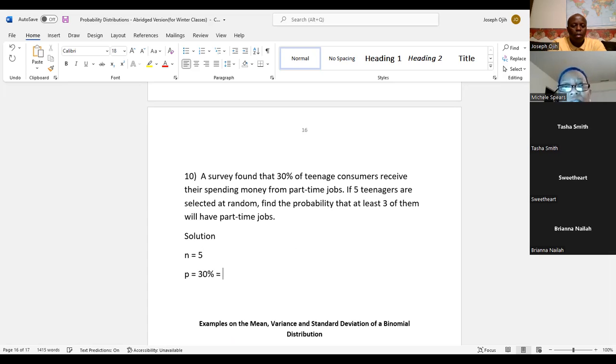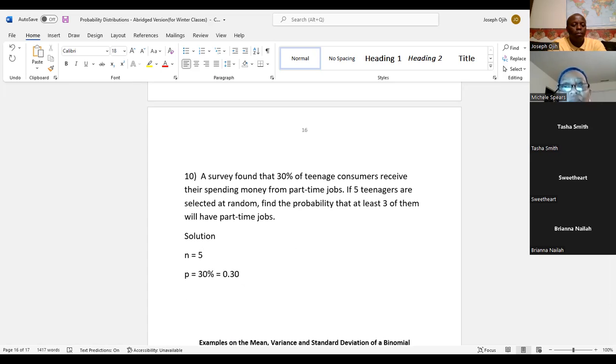which is 0.3. Now we are going to use the table, so we don't need the q. But otherwise, if you want to get the q, it equals 1 minus p, which is 1 minus 0.3, which is 0.7.